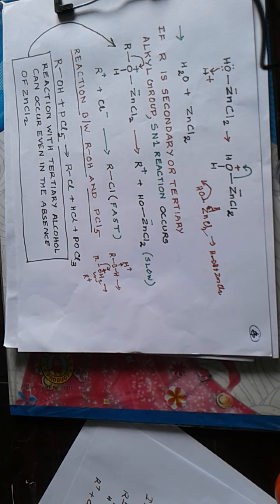Secondary gives an opalescence only on shaking after 5 minutes, and a primary gives the opalescence only on heating, because a primary undergoes SN2 reaction which needs energy in the form of heat to reach the transition state. Because of its high energy of activation, you have to heat the mixture, supply energy to reach the transition state, and so on.